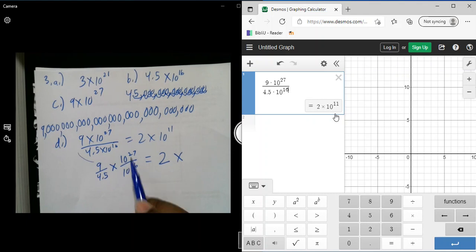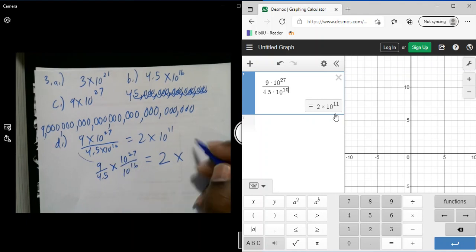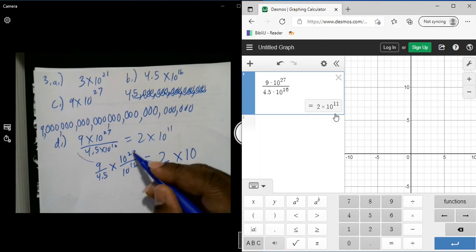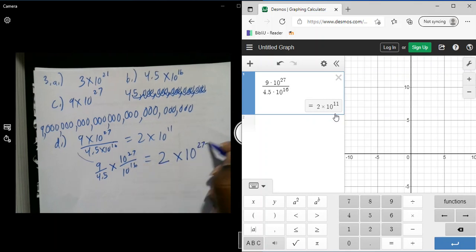Now 10 to the 27th over 10 to the 16th, they have the same base. So you will bring the base and then you will subtract the exponents, which is 27 minus 16. So it'll be 2 times 10 to the 11th power, which is what we got here with the calculator. So that's how you would do it by hand.